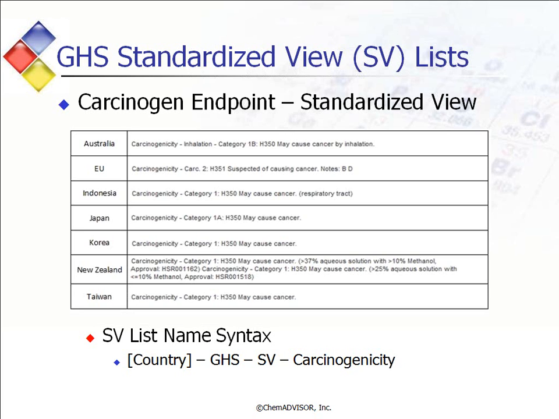The standardized view list name syntax would include the country name, so Japan, Australia, whatever, and then GHS SV, so you want to look for that SV in the list name for the standardized view, and then the hazard class, in this case, carcinogenicity.